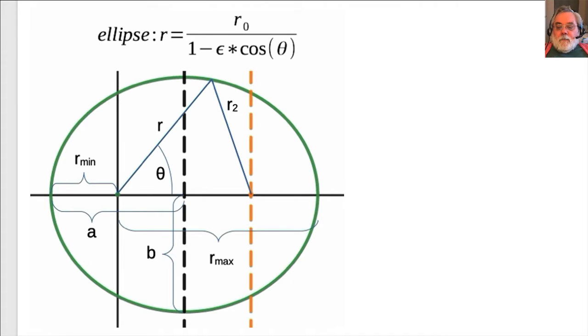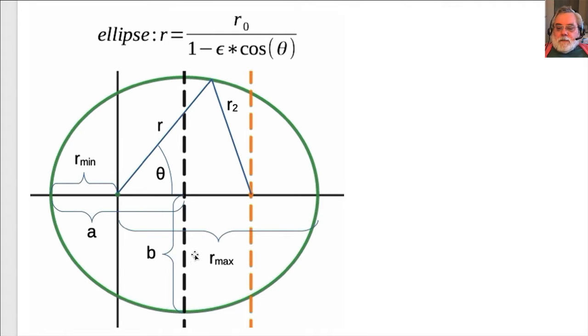As shown in this diagram, an ellipse has two focus points or foci, the green dot and the orange dot. The ellipse is the set of all points, the green curve, for which the sum of the distances to the two foci is a constant. So the distance r plus distance r sub 2 is constant, being twice a, the semi-major axis length, from here to here.